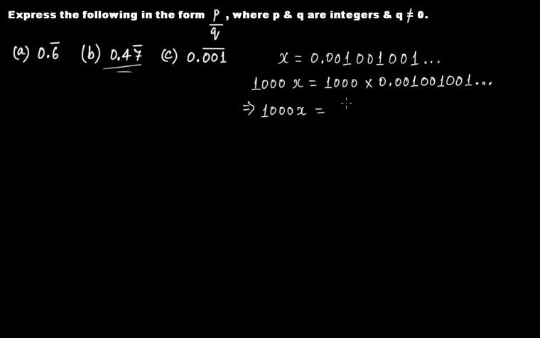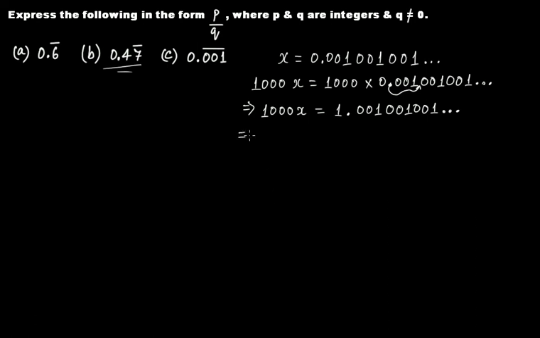From here you get 1000x is equal to 1 point. Since the decimal point is here, it will reach here because we are multiplying by 1000. So this is 1.001001001 and so on, right?